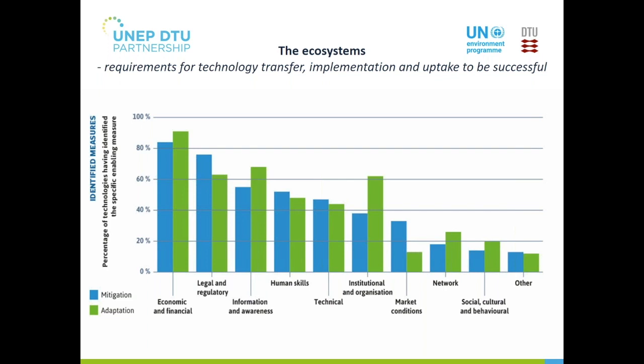As you can see here, the blue ones are for mitigation and the green ones are for adaptation. But these represent broad categories of where countries see that there is a need for intervention to create these ecosystems for the technologies. That can be in terms of economic and financial measures, but also, for example for adaptation, institutional and organizational improvements, information and awareness, and so forth.